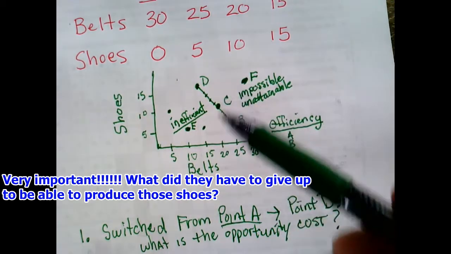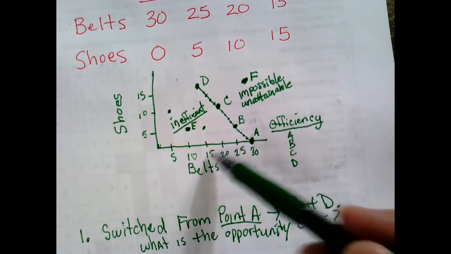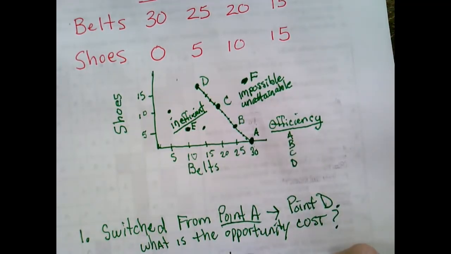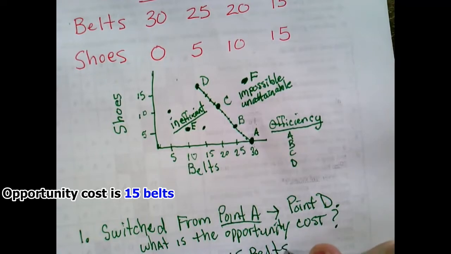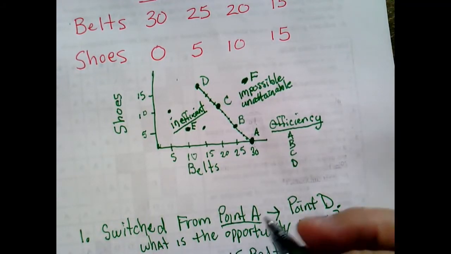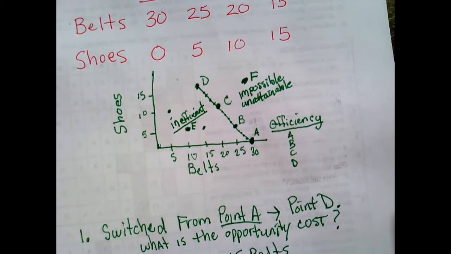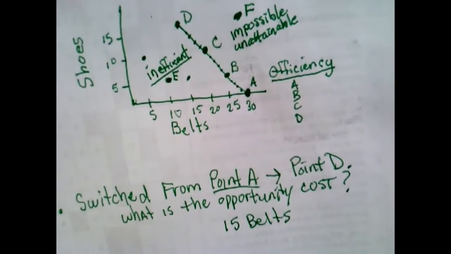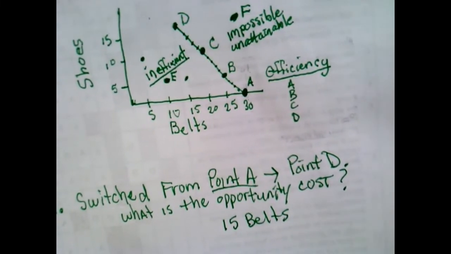They're producing more shoes, but they gave up how many belts? They gave up 15 belts. That is their opportunity cost. That's what they gave up to produce more of the other item, right? So 15 belts is our opportunity cost.